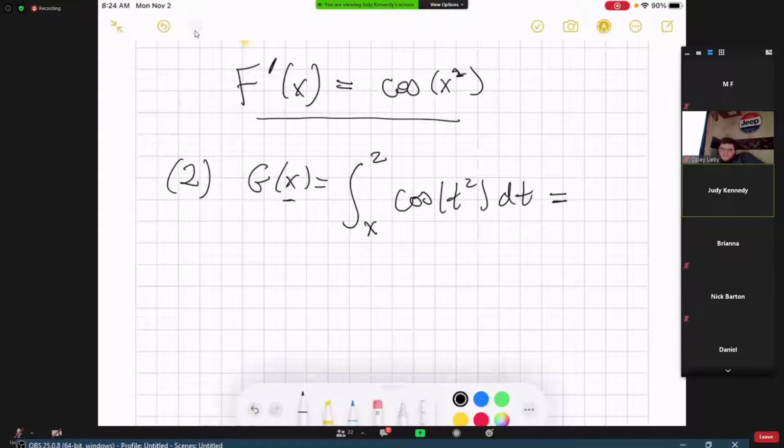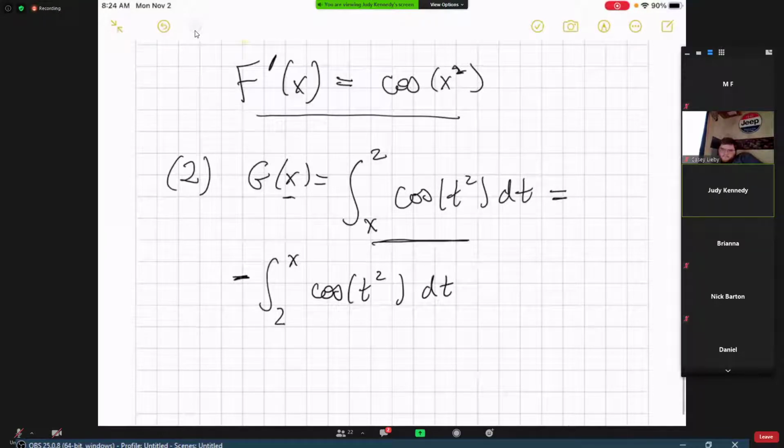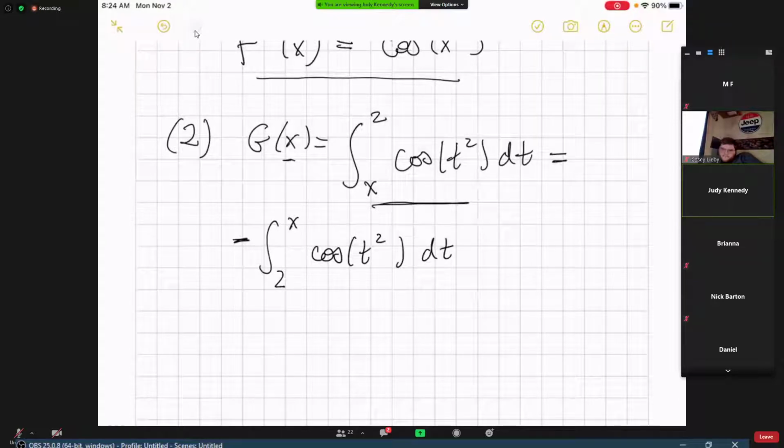Use the properties of integrals. The definite integral is equal to minus the integral of the cosine of t squared dt. And now I've got it in the right form with a minus out front.